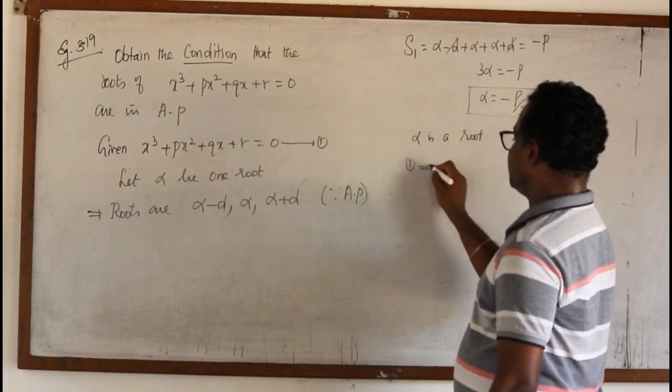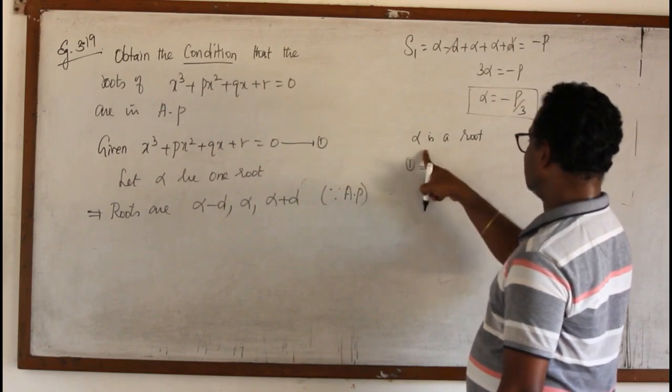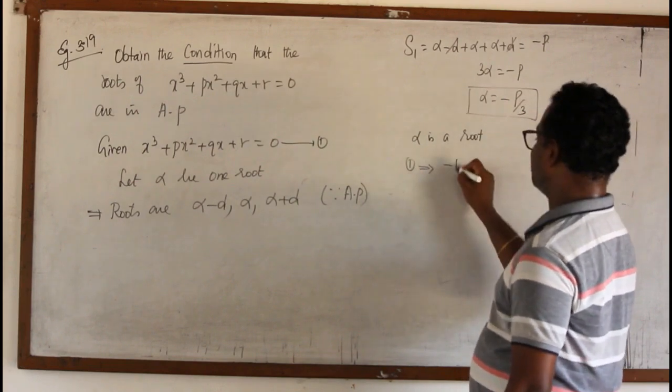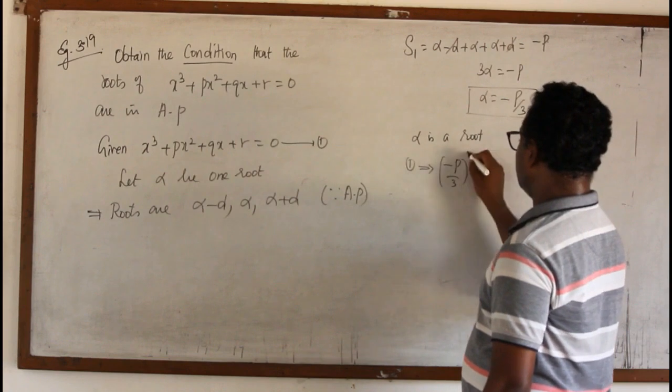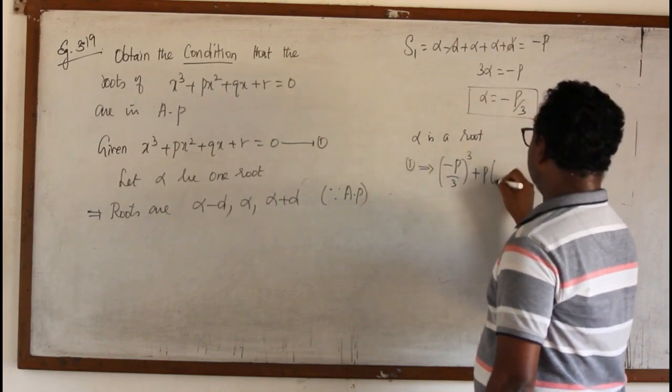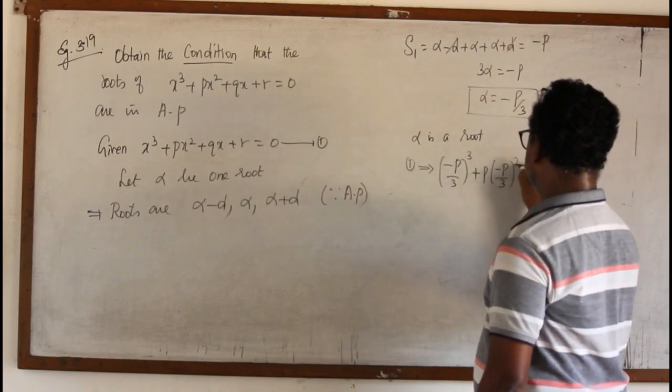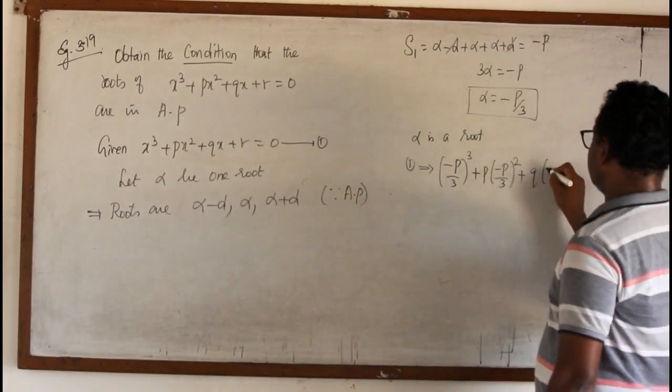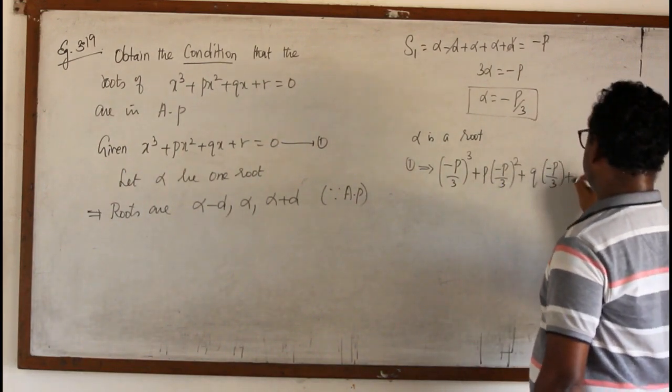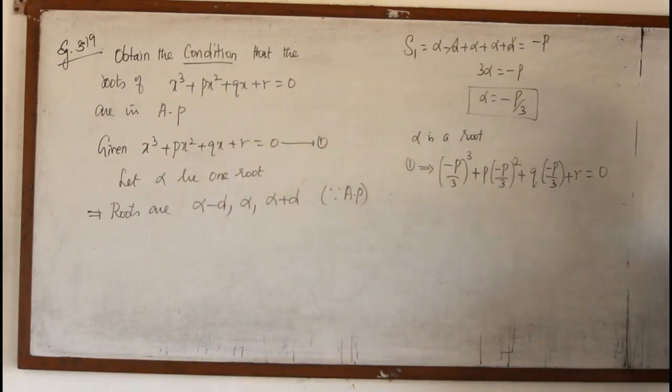Instead of alpha I can substitute minus p by 3: the whole cube, p into minus p by 3 the whole square, q into minus p by 3 plus r equal to 0.